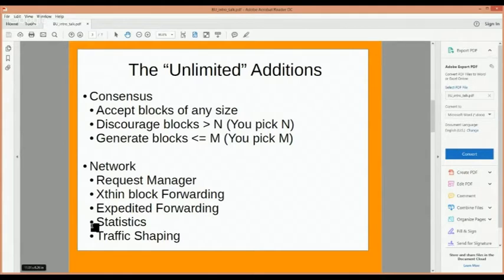We have some increased statistics, and then finally traffic shaping. Traffic shaping is basically if you have a home node with, say, a 3 megabit upstream, and you only want to allow Bitcoin Unlimited to use 1 megabit of that, then that's traffic shaping. It's basically limiting the amount of bandwidth that the Unlimited client can use.